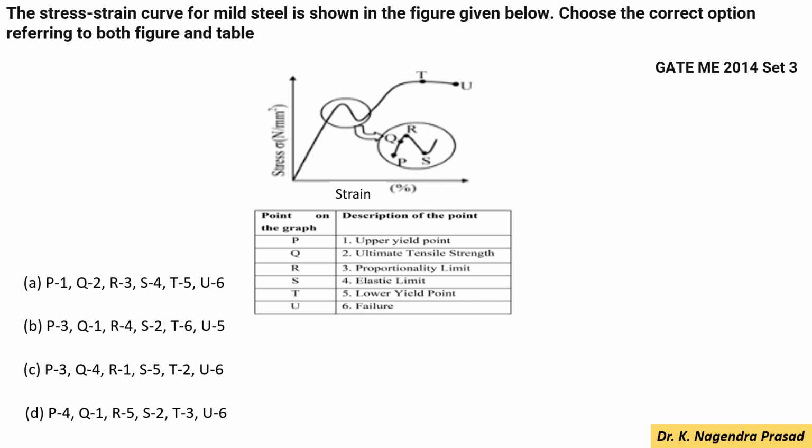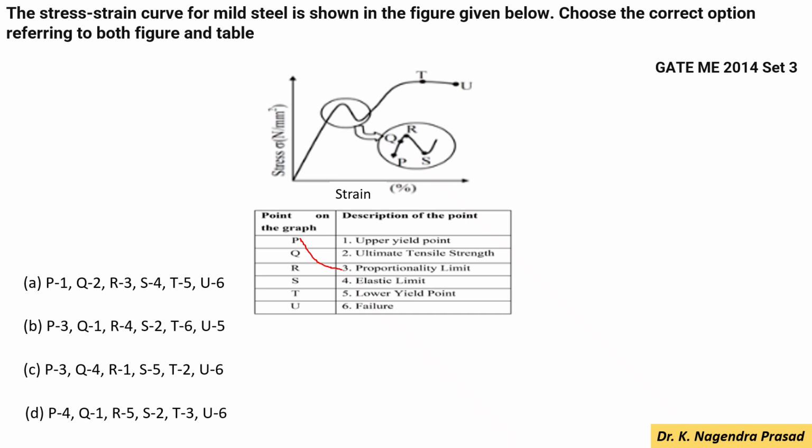We know that the first point on the stress-strain curve is the proportionality limit. So here P is the first point, then P belongs to the proportionality limit, which is 3. After the proportionality limit, the next point on the stress-strain curve is the elastic limit.